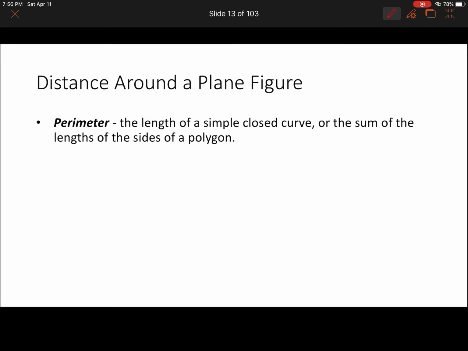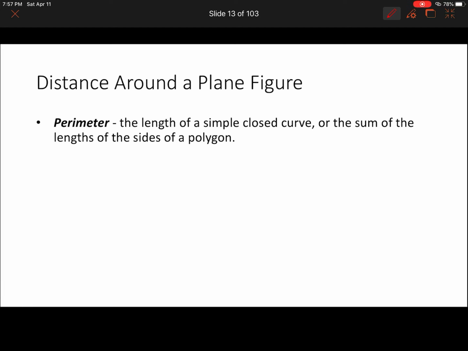All right, so the next thing we need to talk about is perimeter. And I'm sure you know what the perimeter is. It is simply the distance around a figure. So we think about finding the perimeter of a polygon. Usually we think about this as like a fence around a field or something.